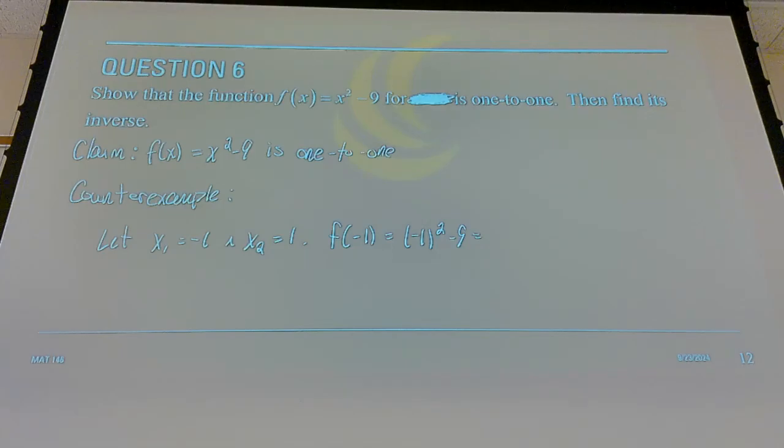What's f of -1? -1 squared is 1, I agree.